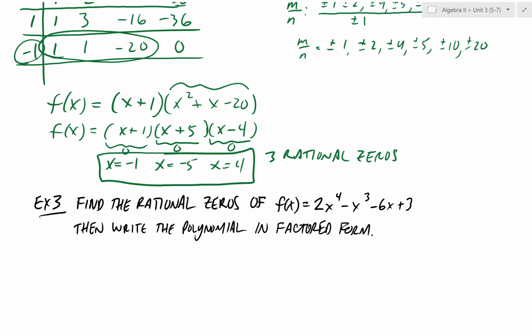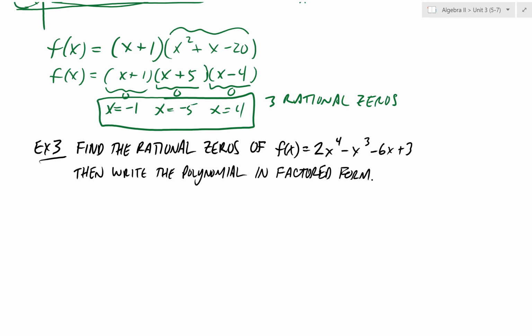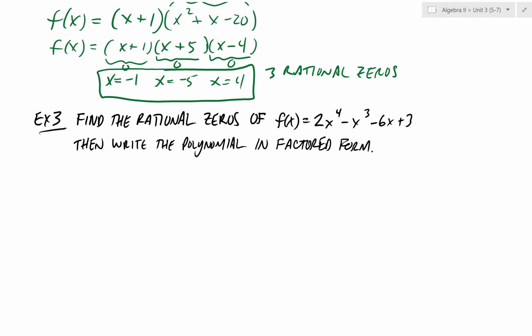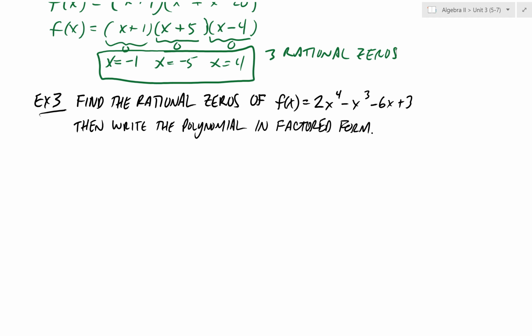Okay, this next one is a 4th degree polynomial. I'll work through that with you. So we can start our list of possible rational roots. M over n on the top. What number do we look at? The 3. Okay, so factors of 3, plus and minus 1, plus and minus 3. Pretty short list.